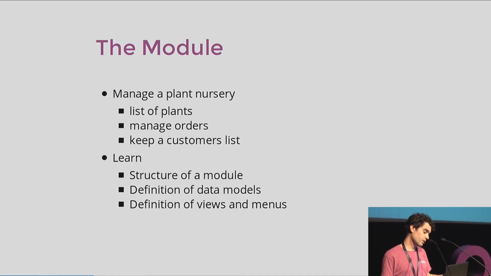And this way we will learn the structure of a module, the definition of the data, to make some logic, some very simple views and actions. And hopefully we will cover everything in 50 minutes, so we already have a good basis to start your own application depending on your needs.